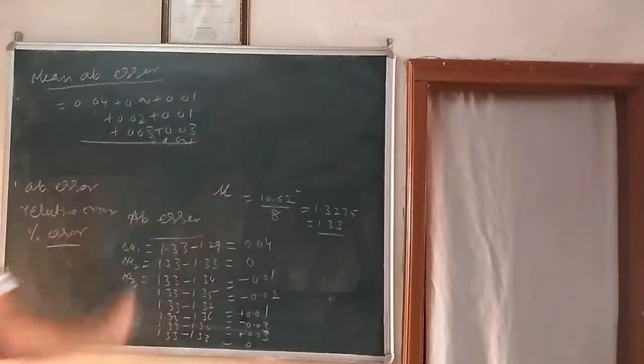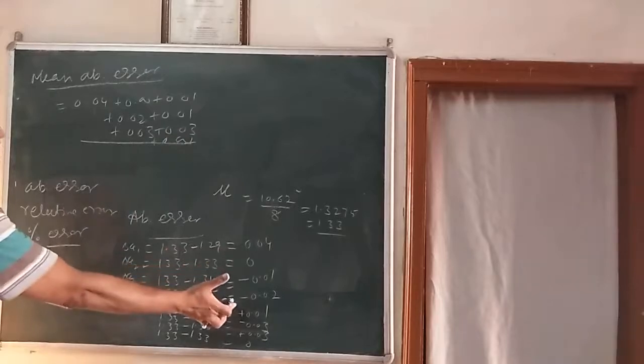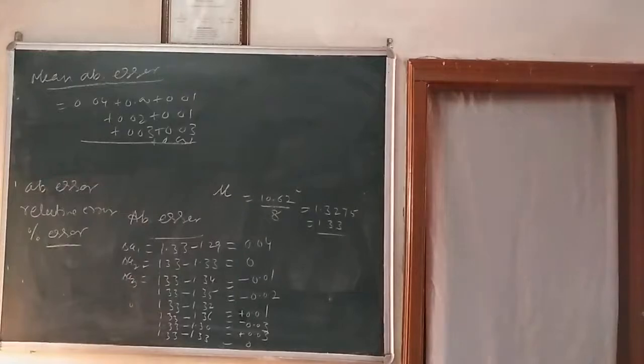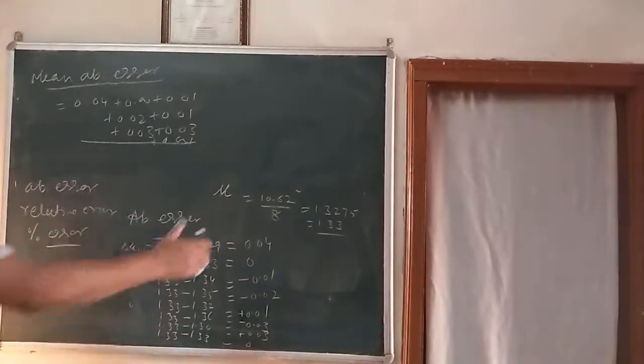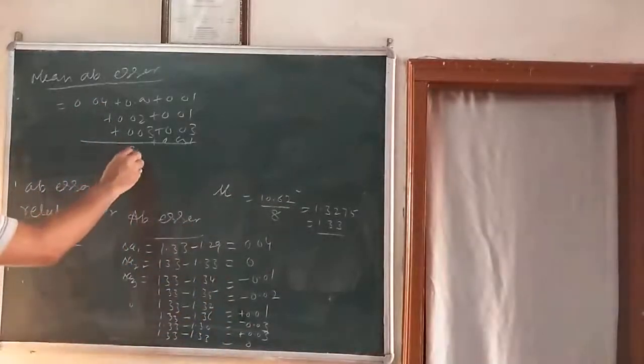Add it. Where a minus sign is there, we are still adding because we are taking the magnitude. In magnitude we have to take only positive quantities. So sum all the quantities and divide by 8.